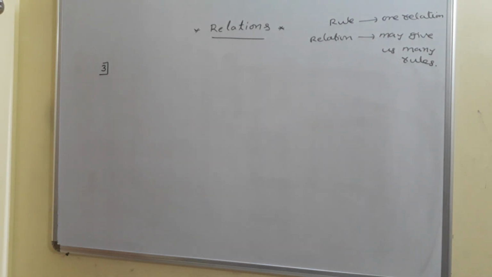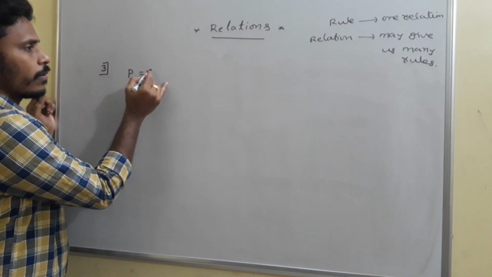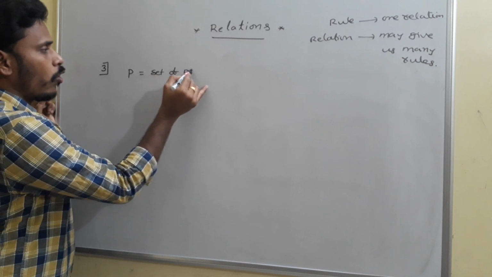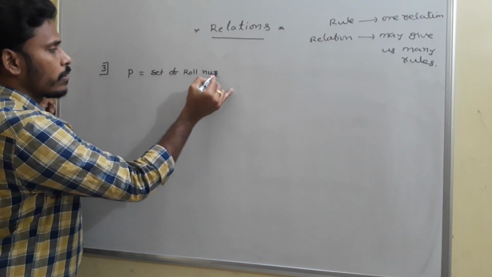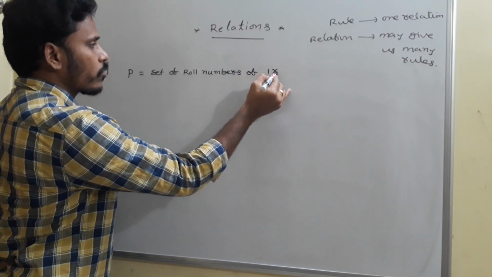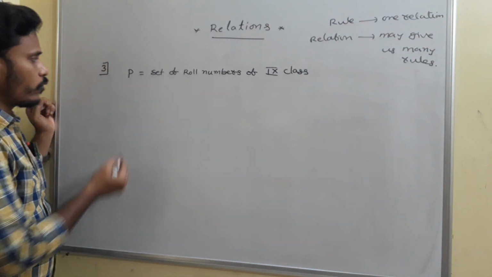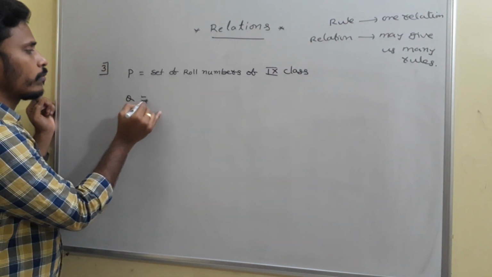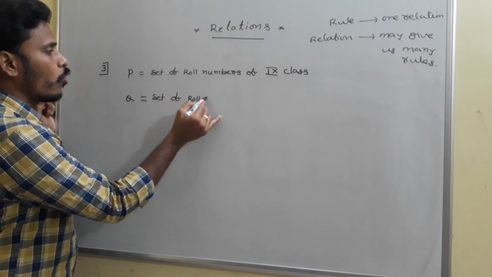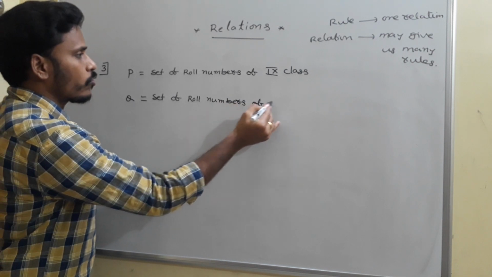Suppose I have a set P, which contains the set of roll numbers of ninth class students, and Q is the set of roll numbers of 10th class students.